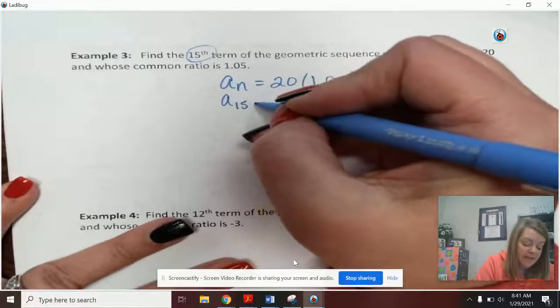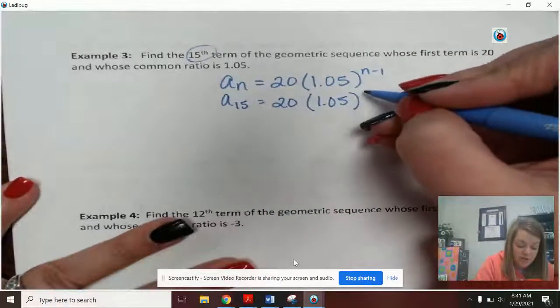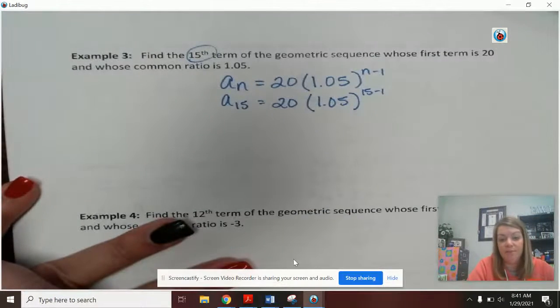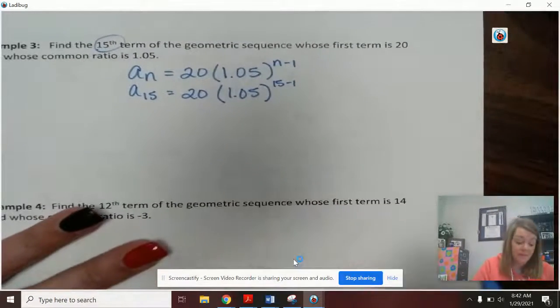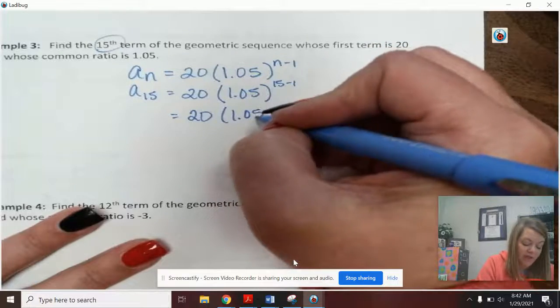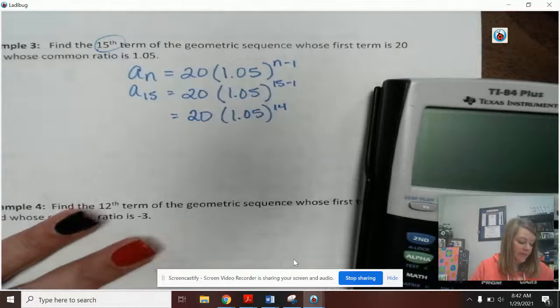So a sub 15 equals 20 times 1.05 to the 15 minus 1. N is 15 because I'm looking for the 15th term. I have a calculator that will do all of this for us. So 20 times 1.05 to the 14th. So let's figure out what that is.